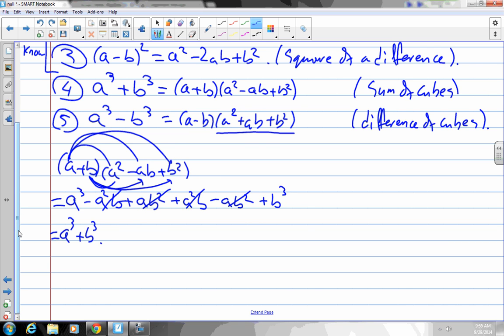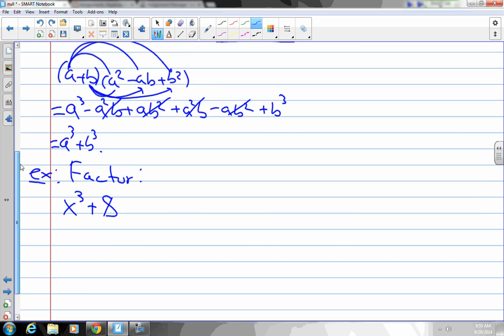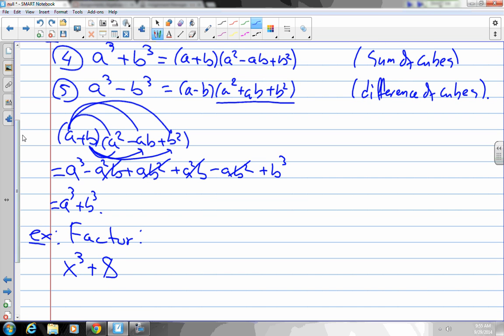So let's say the example is to factor something like this. Factor, let's say, x cubed plus 8. Here's a very nice example. X cubed plus 8.